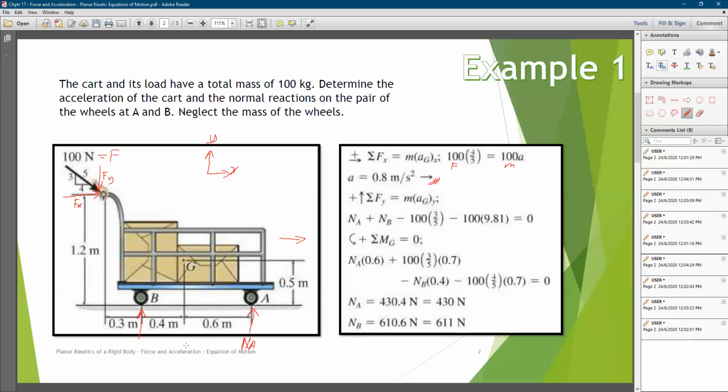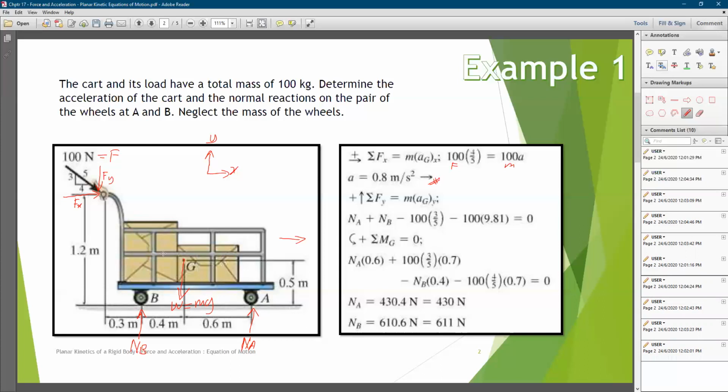Here is NA and here is NB. The center of mass is given here, and here we have the W, which is equal to the mass times the gravity.